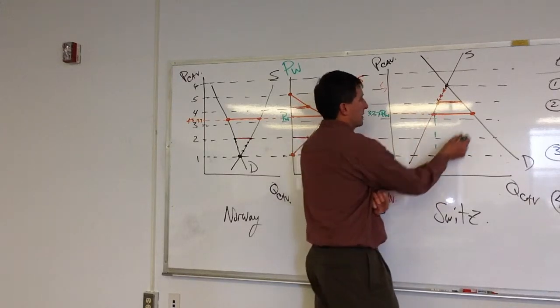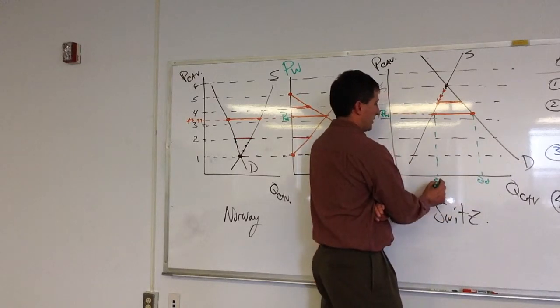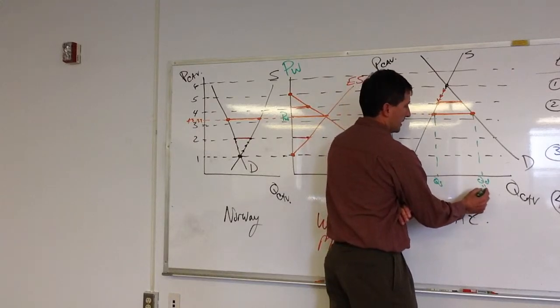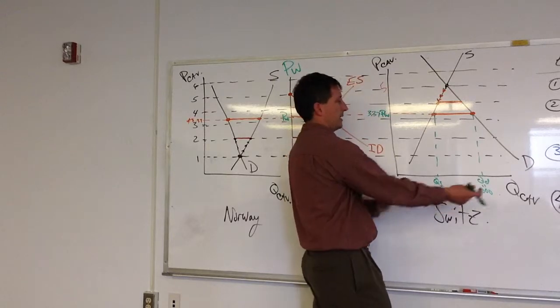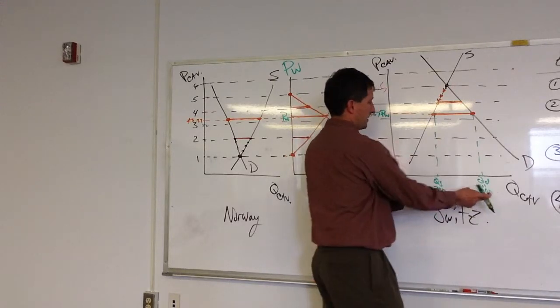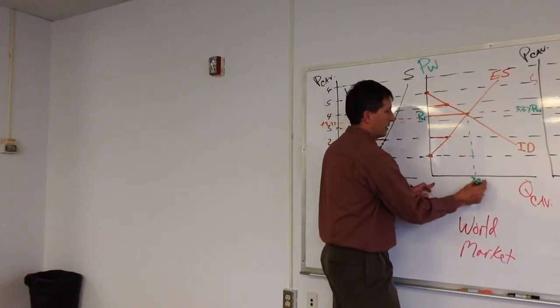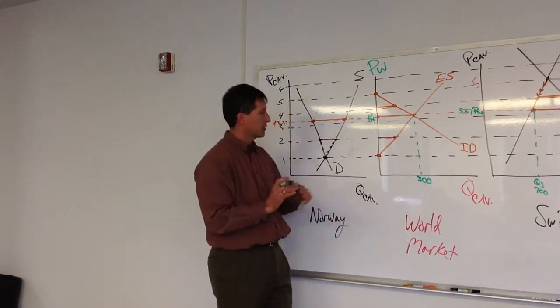That's about it. I guess the only other thing we could maybe throw in here just for fun would be the quantity demanded and the quantity supplied. We did this the other day: if this is 1,000 and this is 700, then the amount of imports is 300, which is the world amount being exchanged.